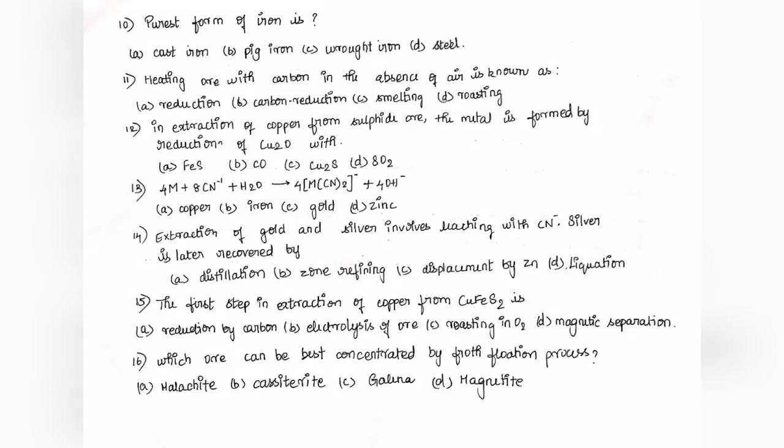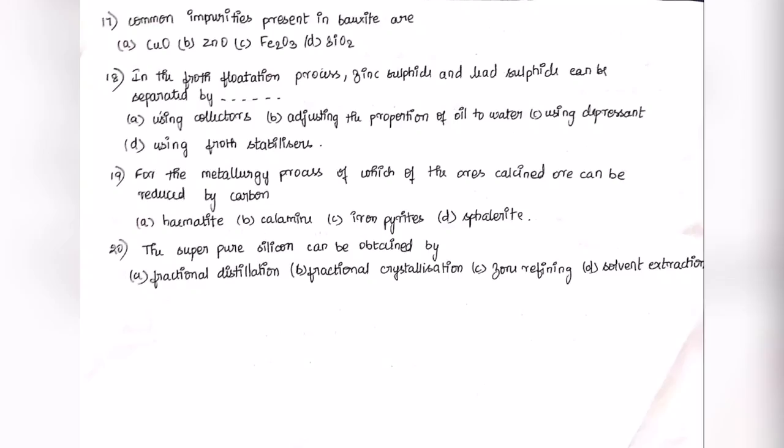Malachite, cassiterite, galena, magnetite. Seventeenth question. Common impurities present in bauxite are CuO, ZnO, Fe2O3, SiO2.